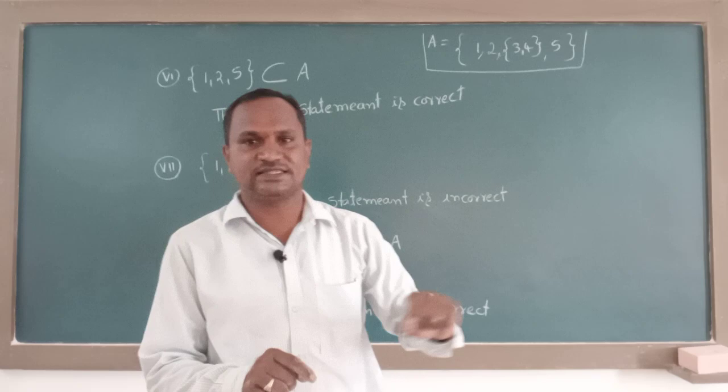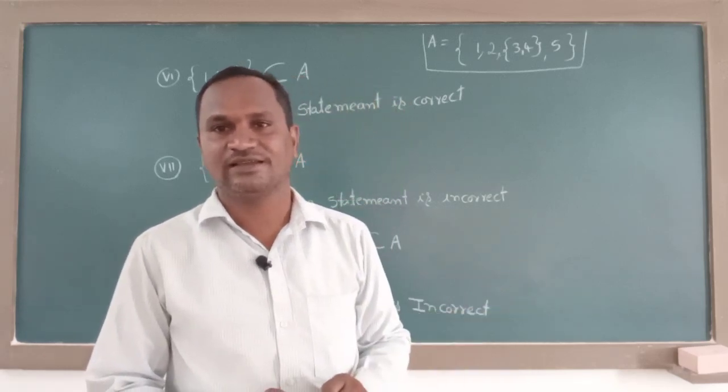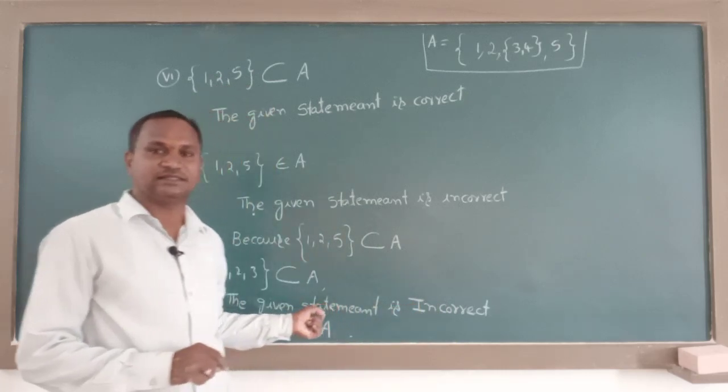Independent 3 is not an element of set A, and independent 4 is not an element of set A.